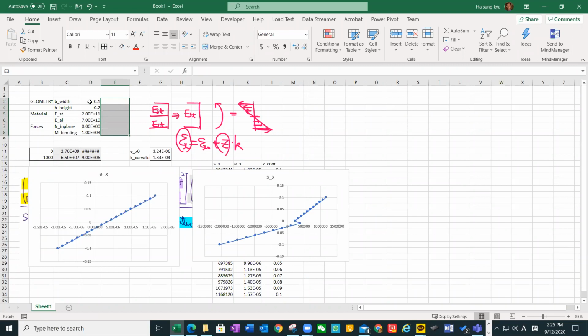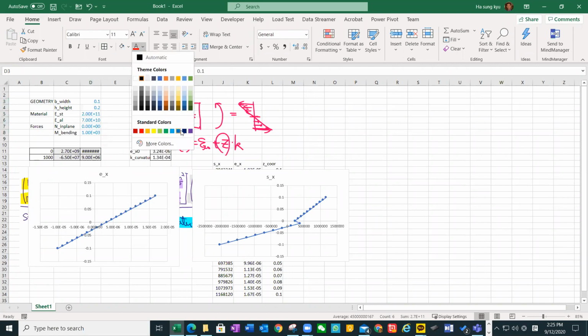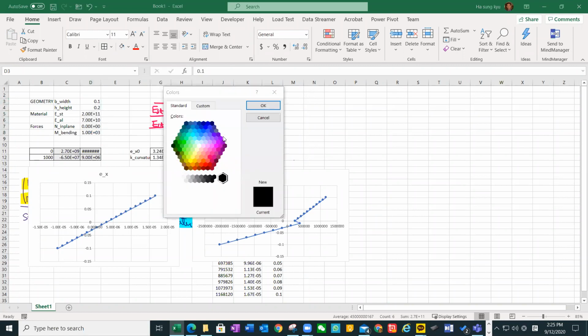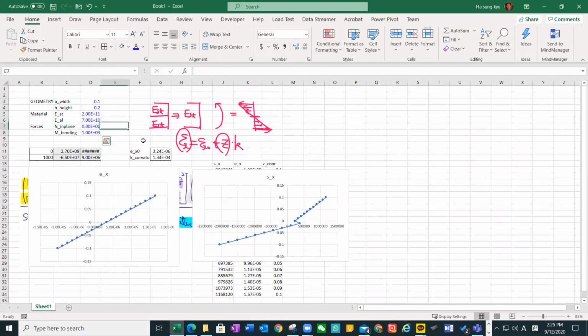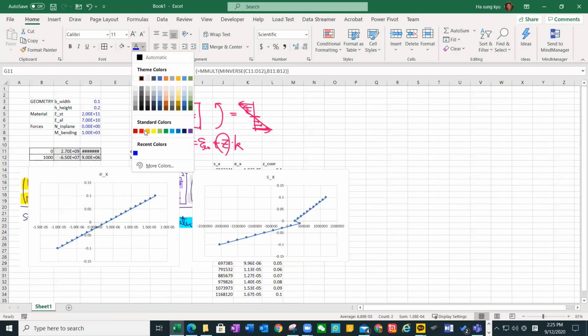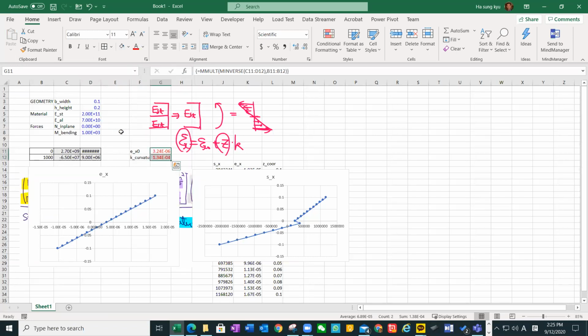So when you play with Excel, I highly recommend to use different colors for the input and output values, so that we can easily follow. Well, this is the procedure. We don't have to pay much attention.